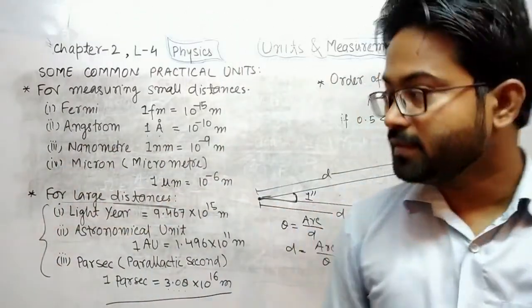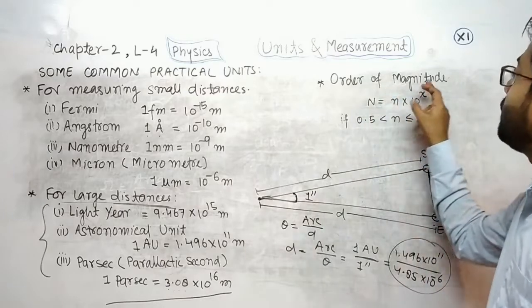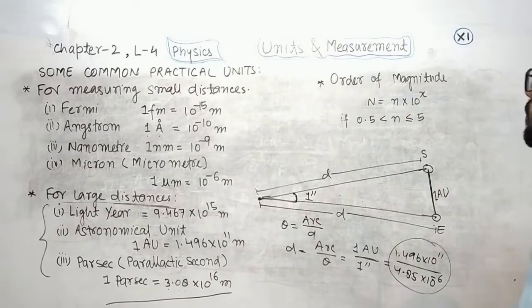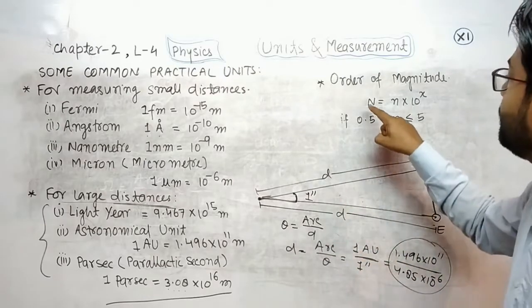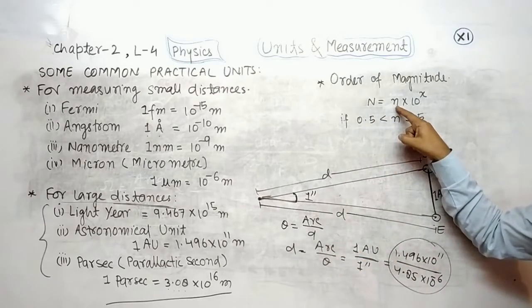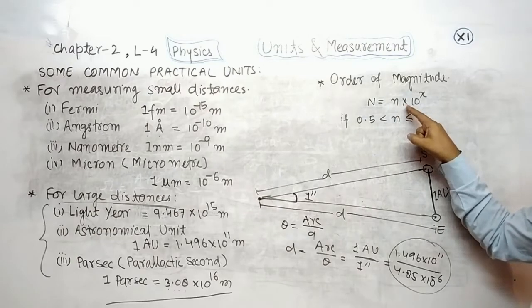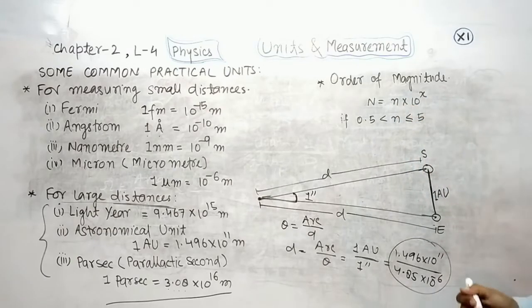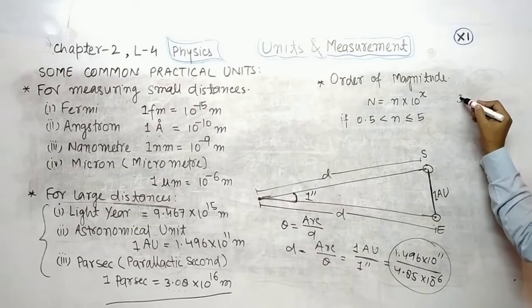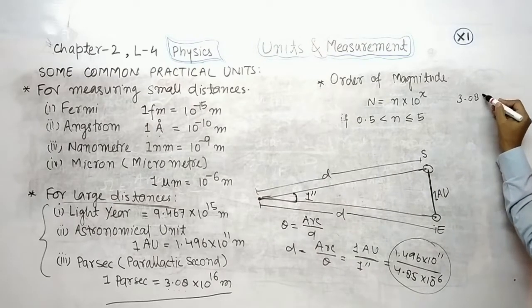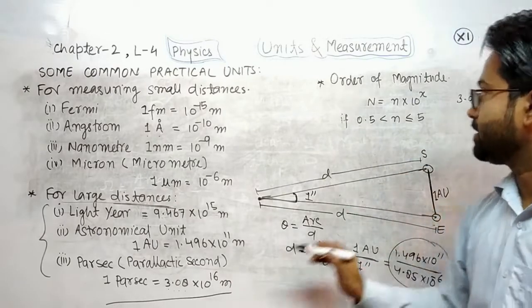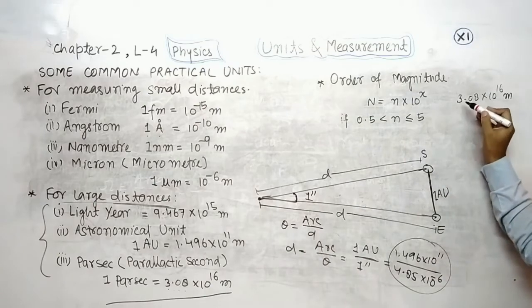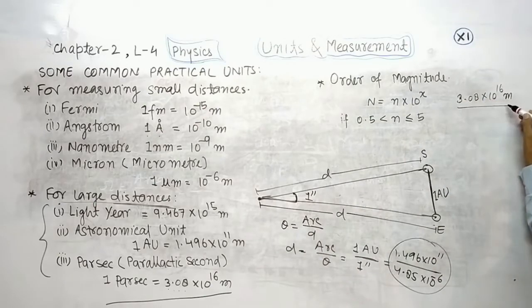Okay. Next point is order of magnitude. What is order of magnitude? If we write any measurement in the form n times 10 to the power x, for example 3.08 into 10 to the power 16 meter, like that, 1 parsec, then the order of that number is 16.